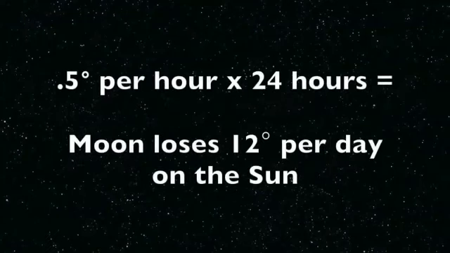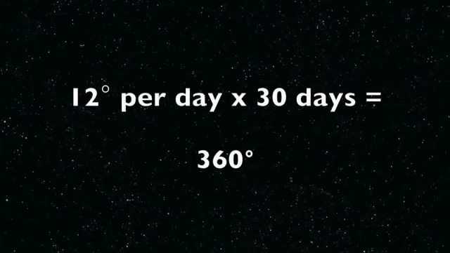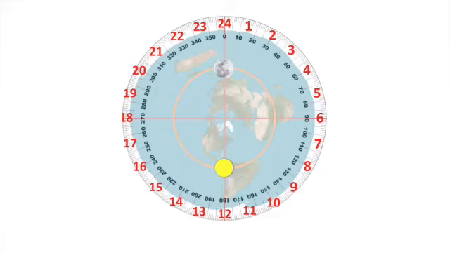So this half a degree per hour equals 12 degrees per day. So as the sun and the moon circle above in the firmament, the moon loses 12 degrees per day on the sun. And this 12-degree loss causes the lunar phases. As you see here in this little animation, we've got the sun and the moon circling above, 1 hour at a time.